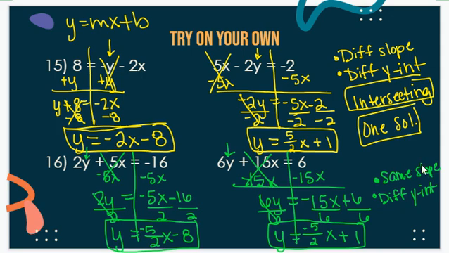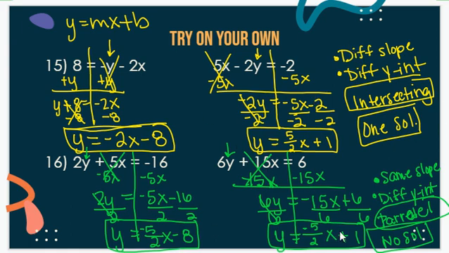So same slope, so the same steepness, but they're going to start at different places on the graph, which means these have to be parallel. P-A-R-A-L-L-E-L, if I could spell it right, parallel lines, which have no solution, because remember, they're the sad love story. They never ever meet.